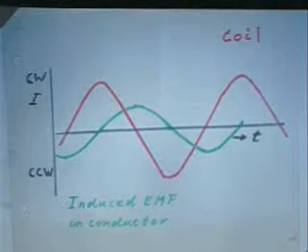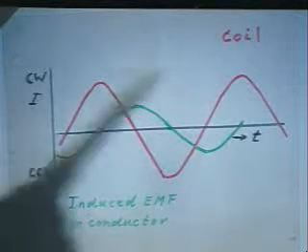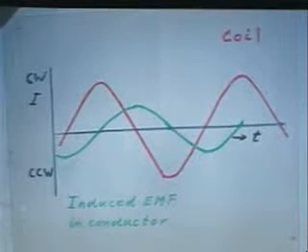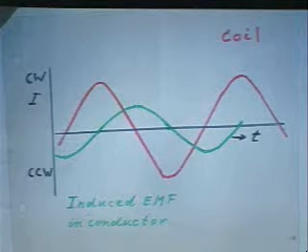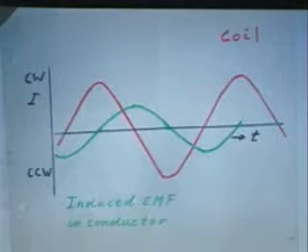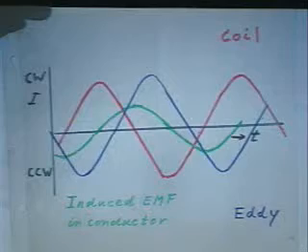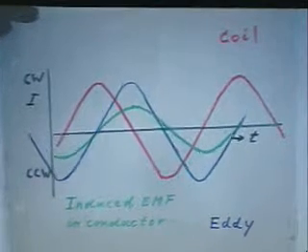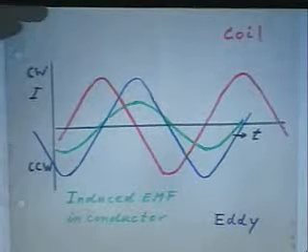And therefore, if the induced current and the induced EMF were in phase with each other, half the time you would have attraction, and half the time the two would repel each other. And that won't give you magnetic levitation. Here, what you see is a blue curve which represents the induced current.